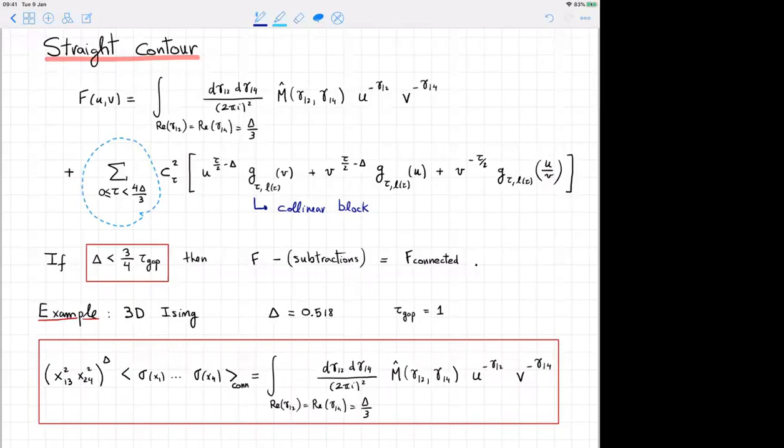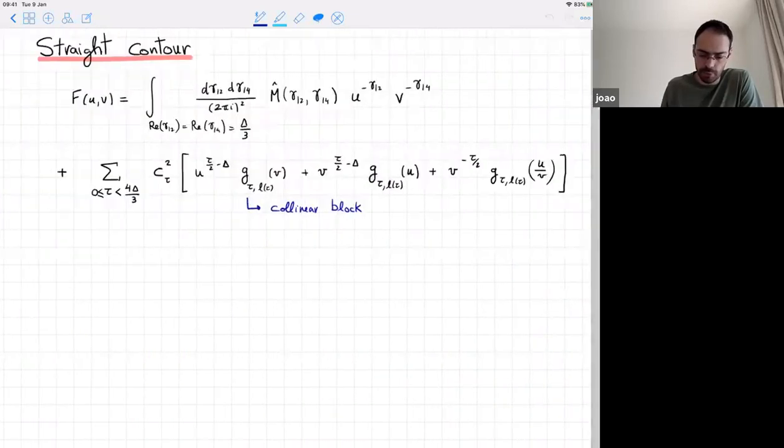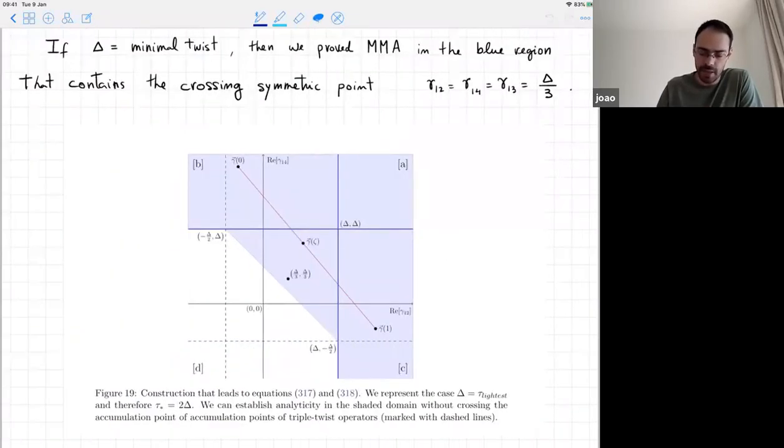Yeah, sure, I'll have to do a lot of subtractions, but at least in principle, I can do it. I think it's true, but rigorously what we proved was this scenario here, and here we cannot do that. So here it's important that the external operator is actually the minimal twist.